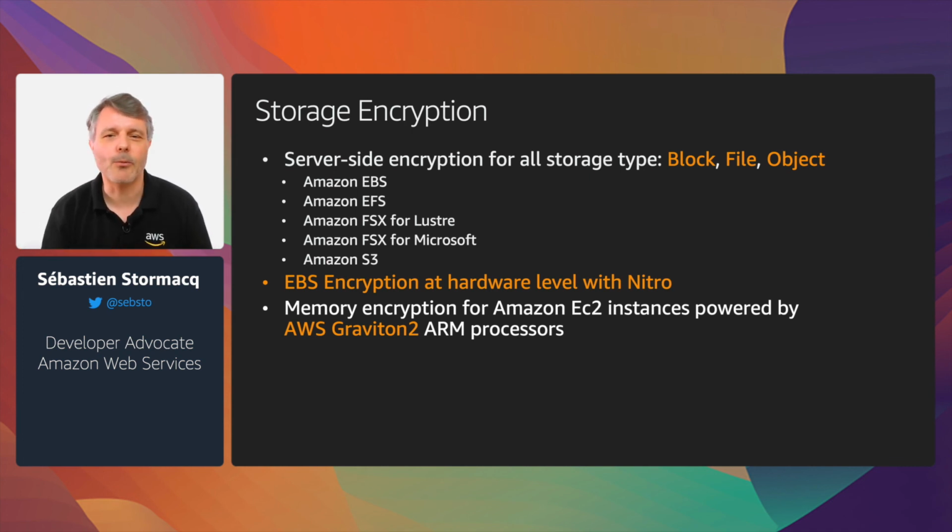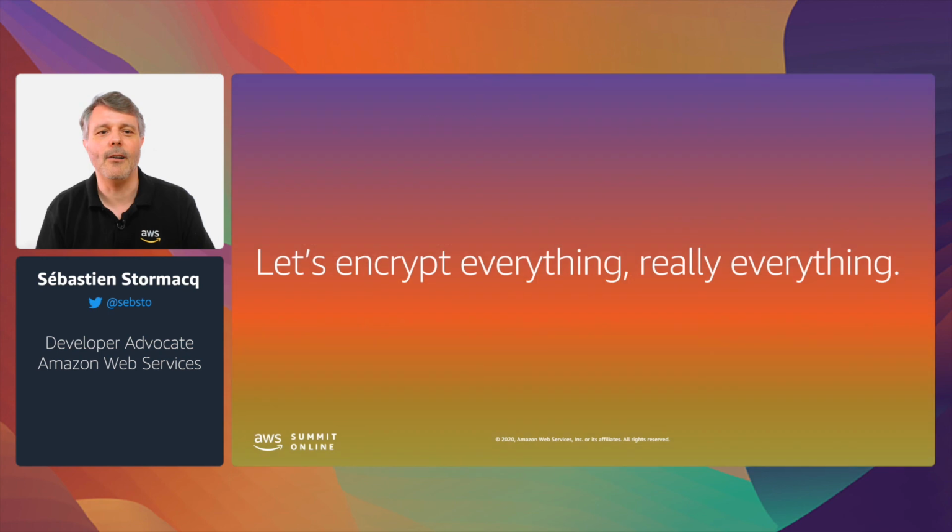So let's imagine the worst case where someone can physically tamper with the memory of your operating system. The data inside the memory will be encrypted, and this encryption happens at hardware level inside your CPU. So there is no need to change or modify your application whatsoever. So that will be with AWS Graviton2 as soon as they are going to be available.